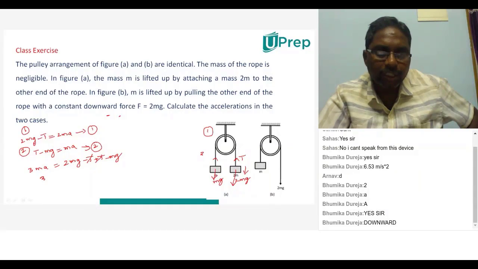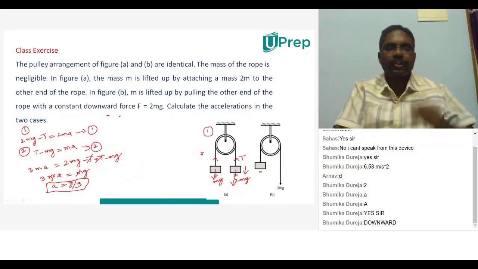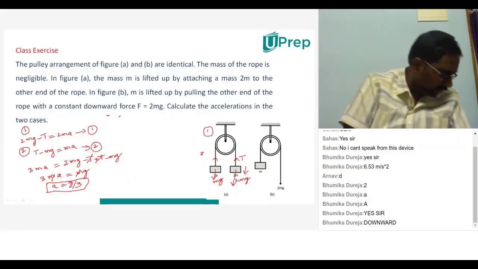So 3ma is equal to 2mg minus mg, that is mg. Now m also will be cancelled. A will be equal to how much here? g by 3. So this is the answer for the first case. Acceleration is equal to how much for the first case? g by 3. Is it right?